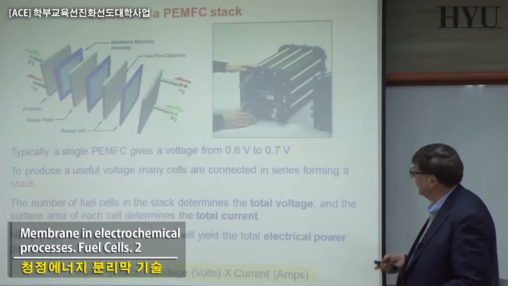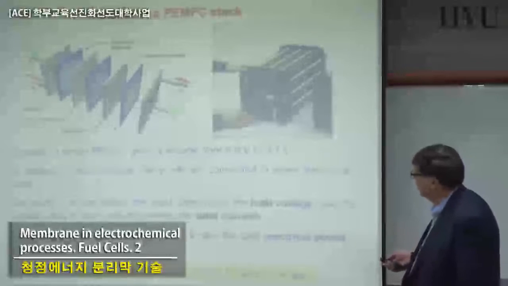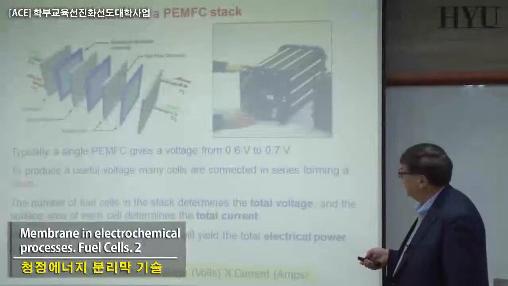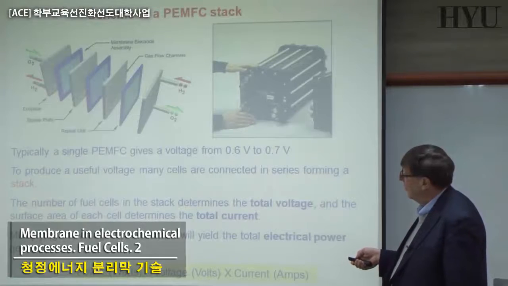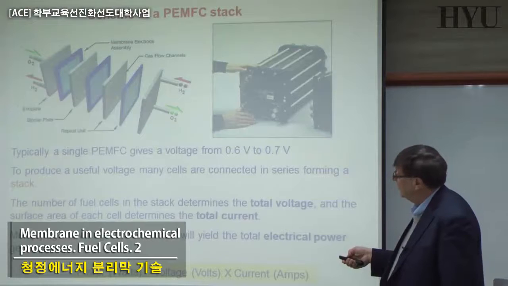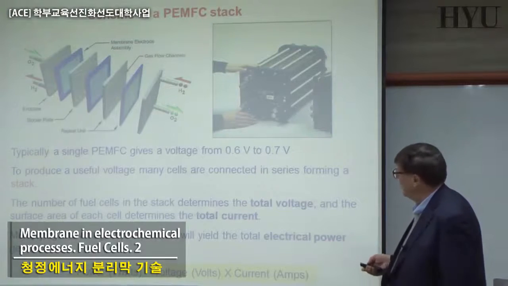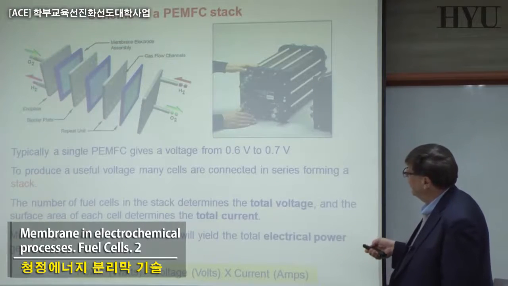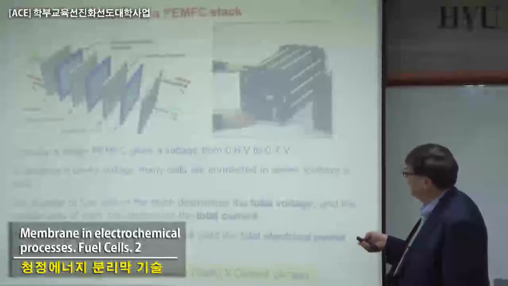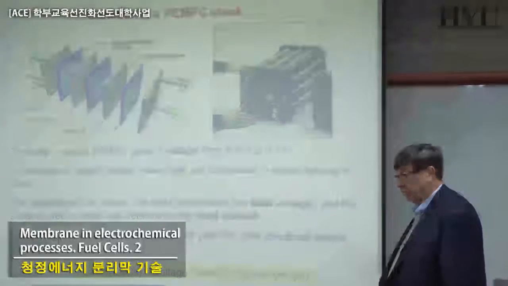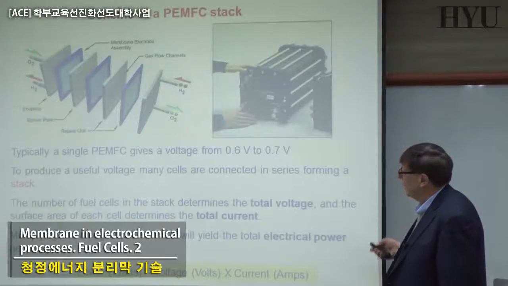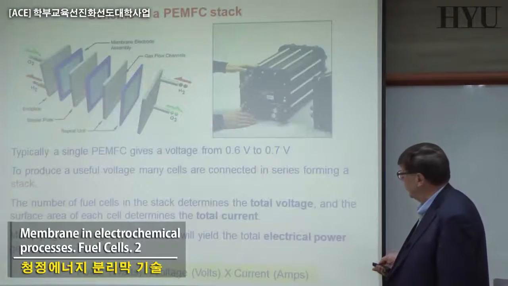And that is the system that people are working on. And you can see here again, you have these repeat units, but you have the bipolar plate and these final plates in the system just to have an appropriate system where the gas flow channels permit homogeneous distribution and avoid the kind of phenomena we were talking about before.